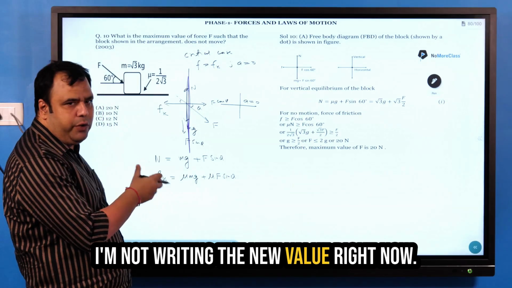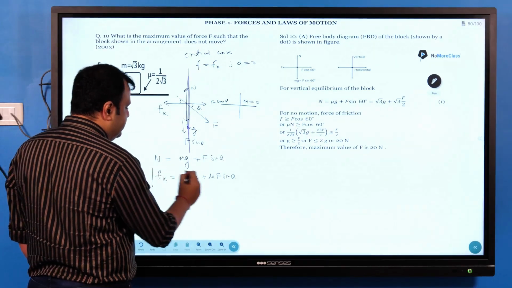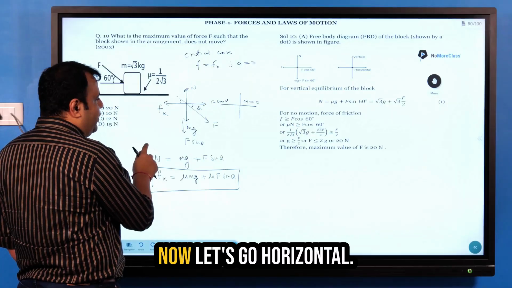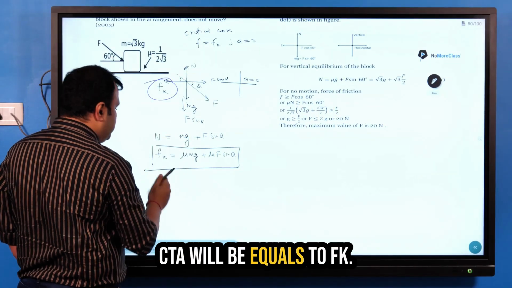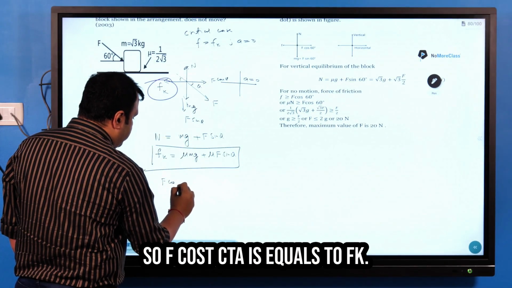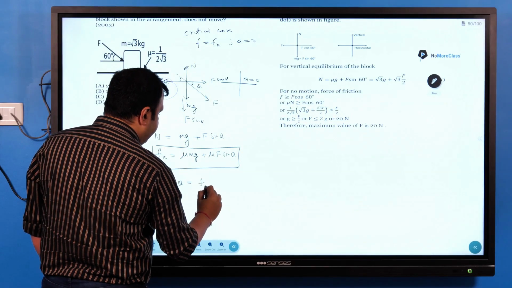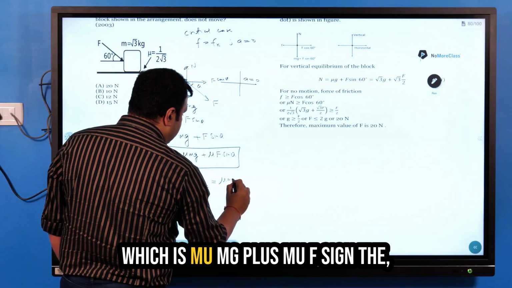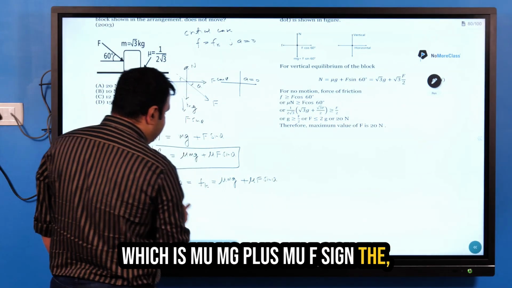I'm not writing the mu value right now. In the end, I'll write everything. This is your Fk. Now let's go horizontal. Along the horizontal, F cos theta is equal to Fk, which is mu mg plus mu F sin theta.